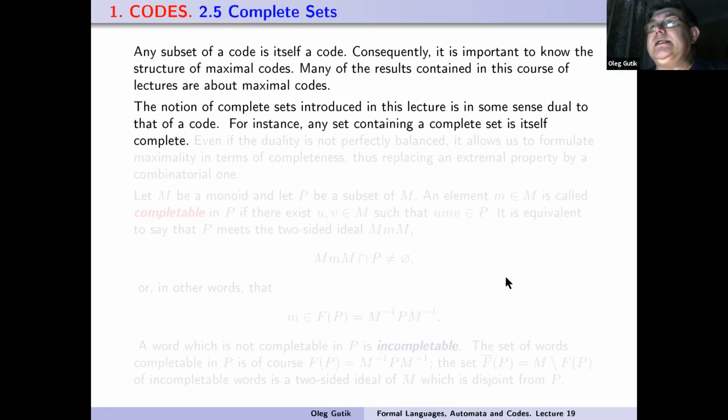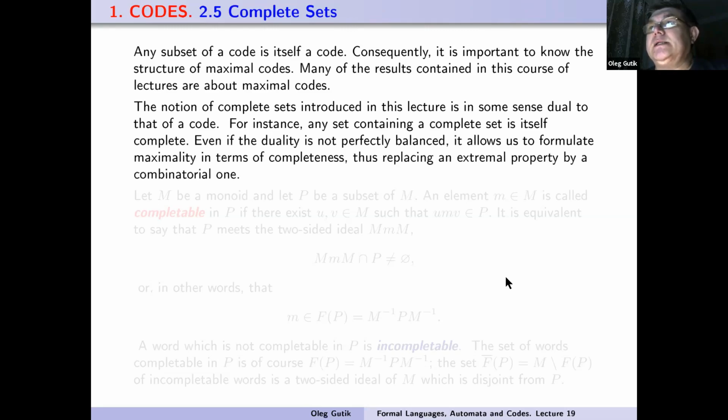For instance, any set containing a complete set is itself complete, even if the duality is not perfectly balanced. It allows us to formulate maximality in terms of completeness, thus replacing an extremal property by a combinatorial one.